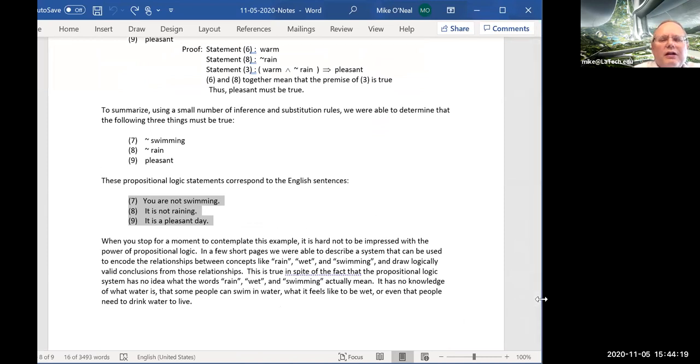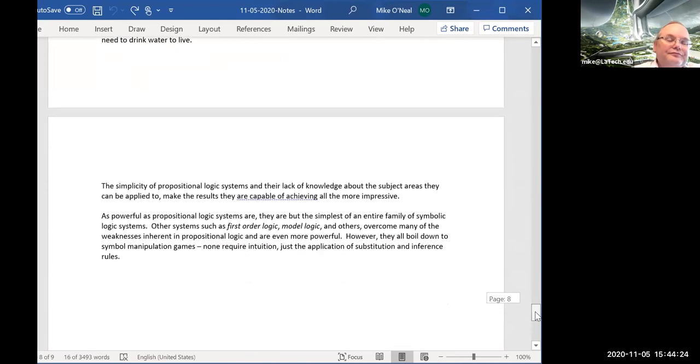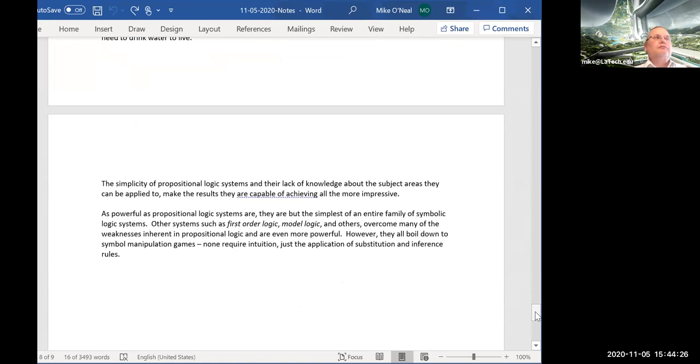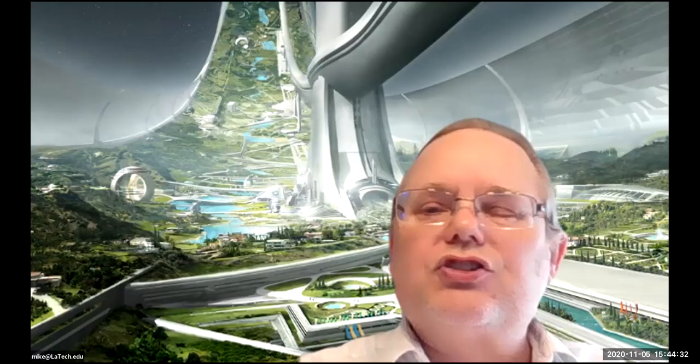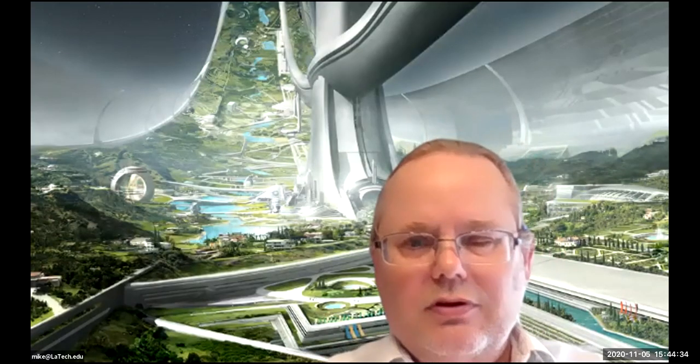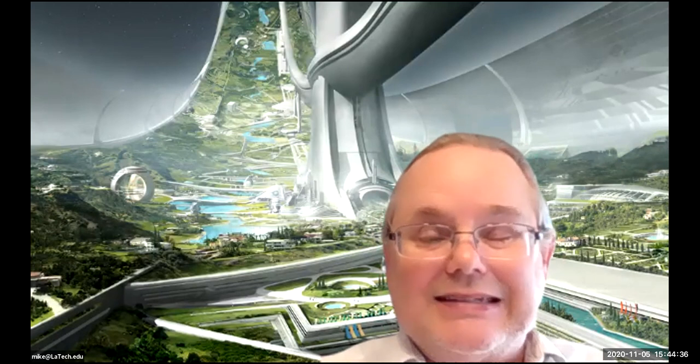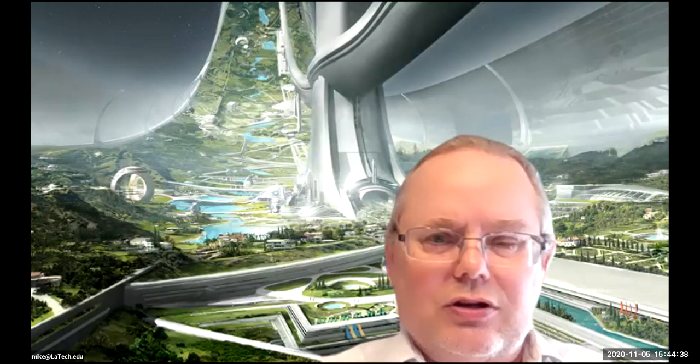But we can do this simply by a system that is just using symbol manipulation, syntactic symbol manipulation.